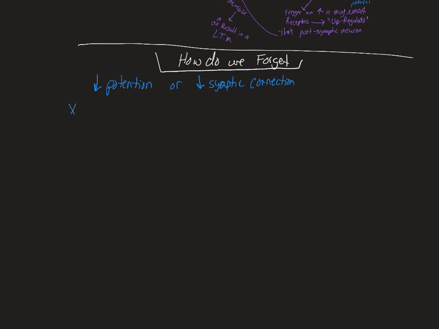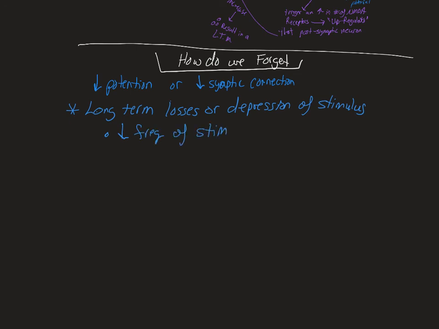So when we're looking at these long-term losses or depressions of memory, so not like depression like you're sad, depression of stimulus, okay? So what's going to happen is you've got a decrease in the frequency of stimuli. That can cause the potentiation or the synapses to be lost, okay?